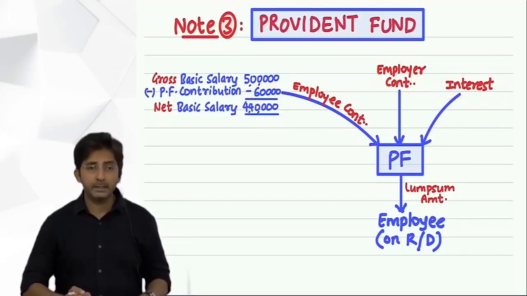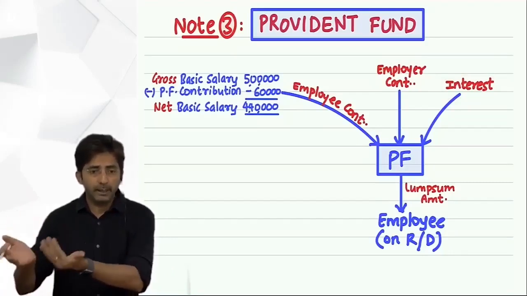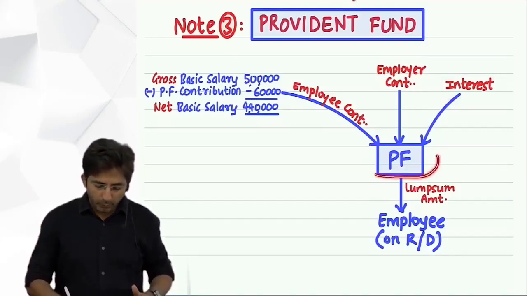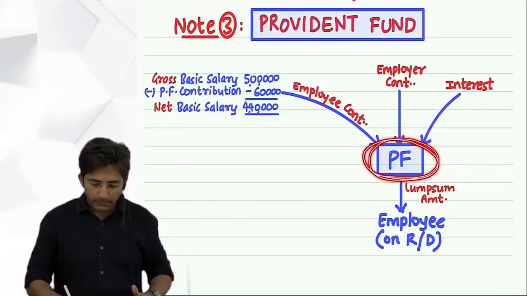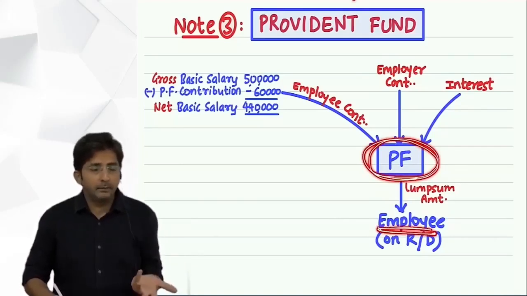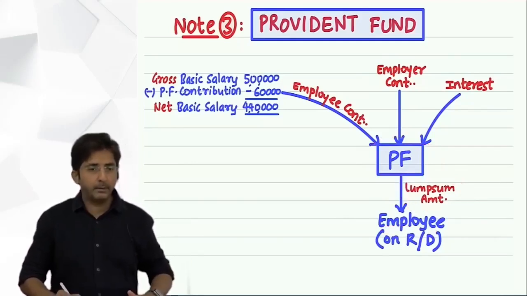Why do you get interest? Because fund money is invested somewhere, and wherever you invest, you get interest. Then one day all this accumulated amount will be received by the employee, and that day will be either retirement or death, whichever comes first. This is called lump sum amount received on retirement.